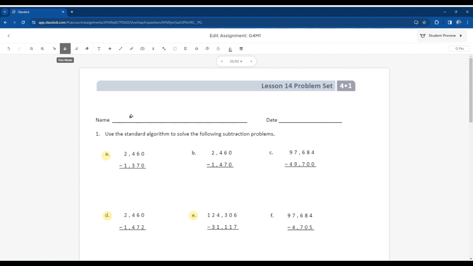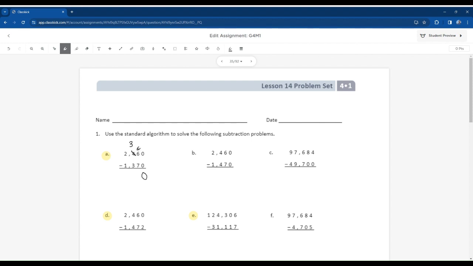So for letter A, we're going to start, as always, in our ones place by doing 0 minus 0, which is 0. And like we talked about in the last video, when we have a smaller number up here and a larger number down here, we need to regroup from the next largest place value. So we're going to regroup 400s for 300s and 10 tens.